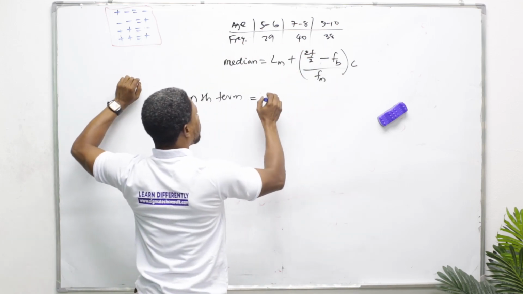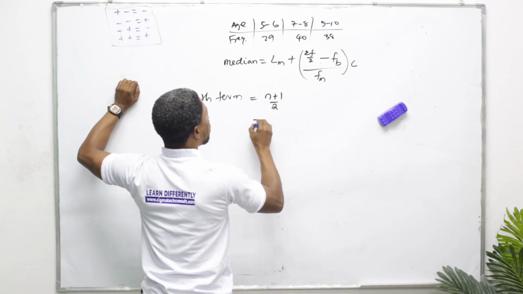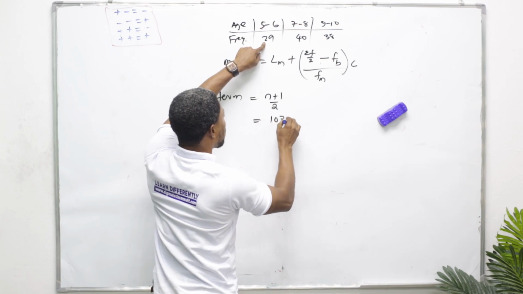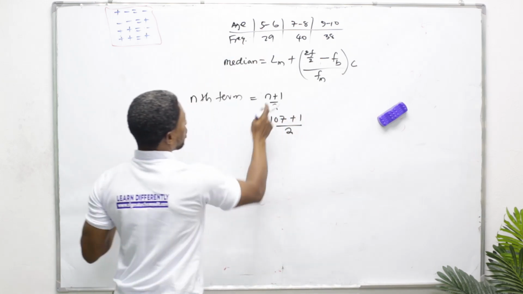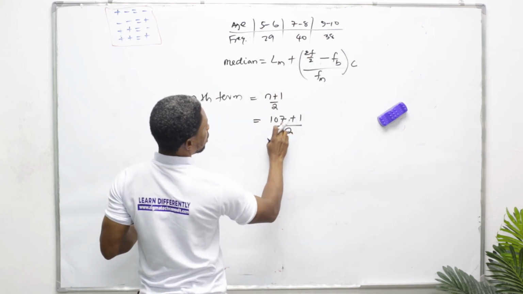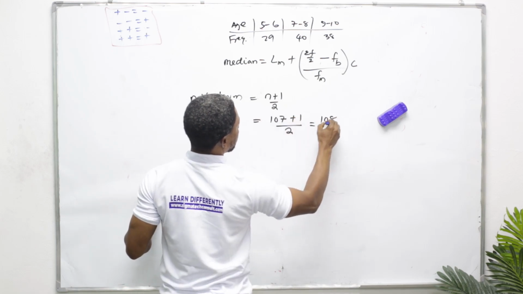That means you are going to have n plus 1 divided by 2. From our previous calculation, this gave us 107 plus 1, so this is now equal to 108 divided by 2.